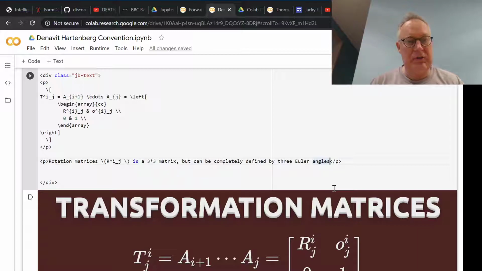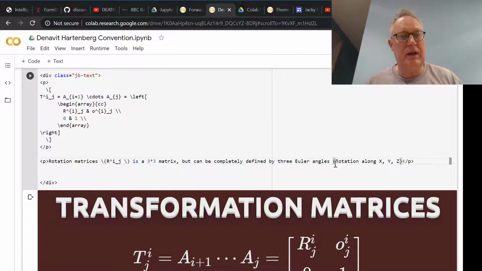A rotation along X, a rotation along Y, and a rotation along Z. Now for the Euler angles, it's important to realize that the order is important.